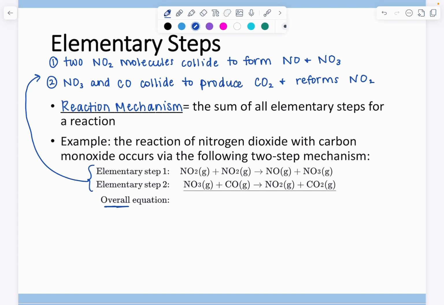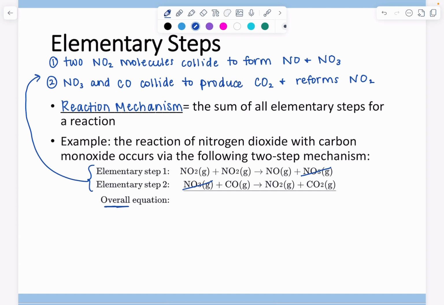So to write out the overall equation, this is what you will be doing in lots of practice problems. We need to identify what is produced and then used up, or what is used up and then reproduced. We'll actually talk about that in the next section. We cancel anything out that's on the left side of these arrows and the right side. So our first example will be NO3. NO3 is on the left side as a reactant and the right side as a product. So that gets canceled out.